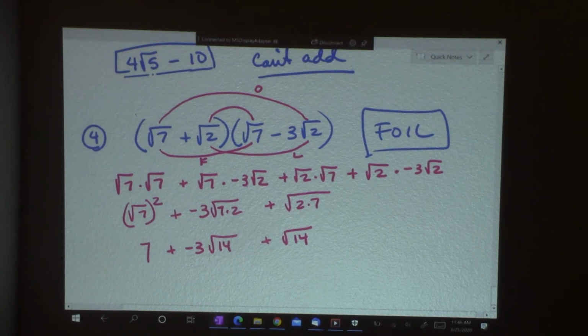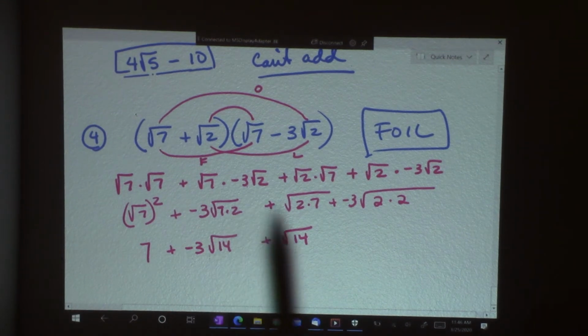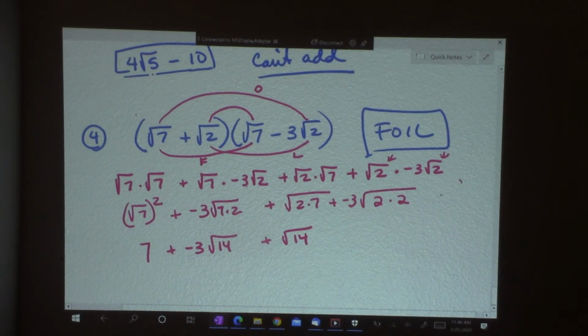Okay, and then the last one is going to be negative 3 outside, and I'll have the square root of 2 times the square root of 2. So it's being split up a little bit because both of these have a square root, so all those numbers go underneath, both of them. Now, what is 2 times 2?